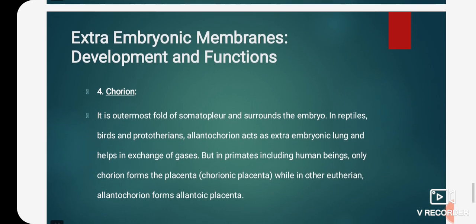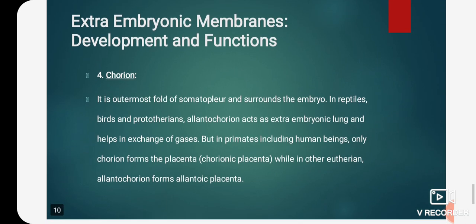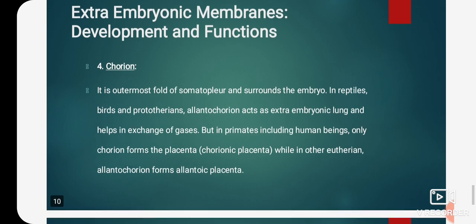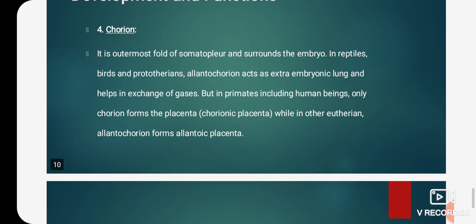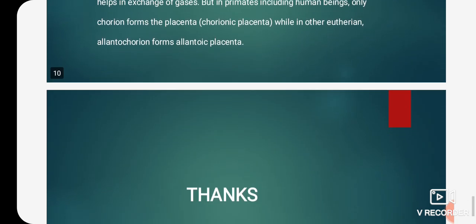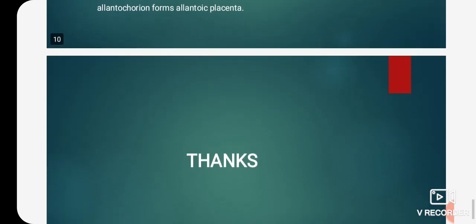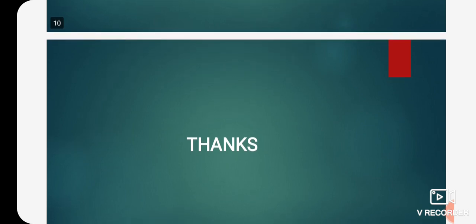But in primates, including human beings, only chorion forms the placenta, that is chorionic placenta, while in other eutherians, allantochorion forms allantoic placenta. So, students, you have listened the lecture about extra embryonic membranes, their development, and how they function.